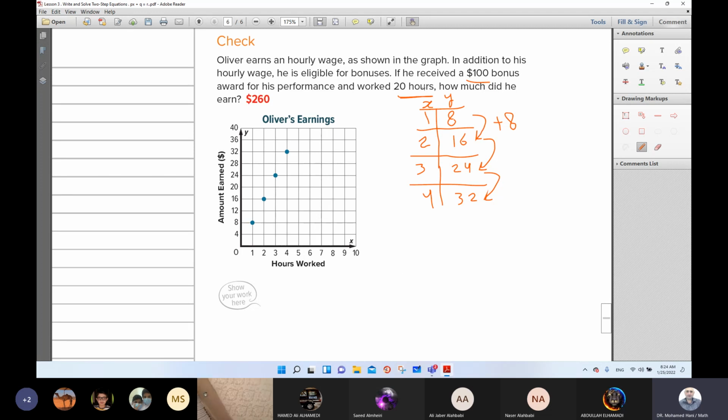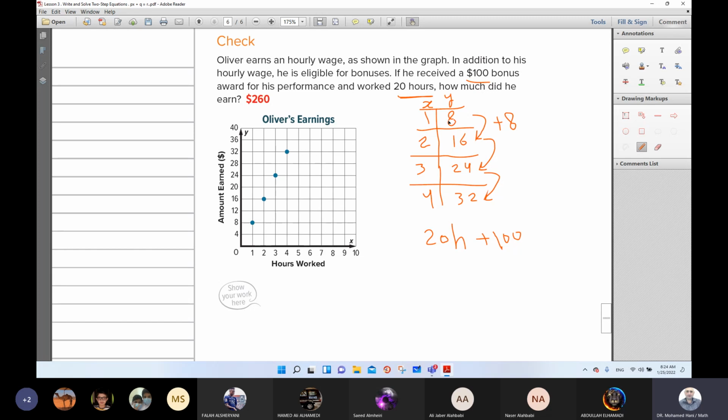As you see, you have 20 hours. 20 hours represent H. He received $100 bonus award for his performance and worked 20 hours. So we have bonus here 100. So the missing value is the number of hours, because if you work one hour, the amount will be 8.